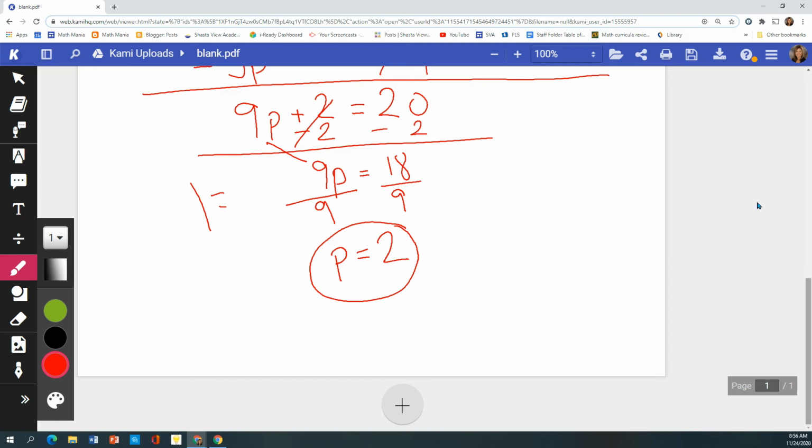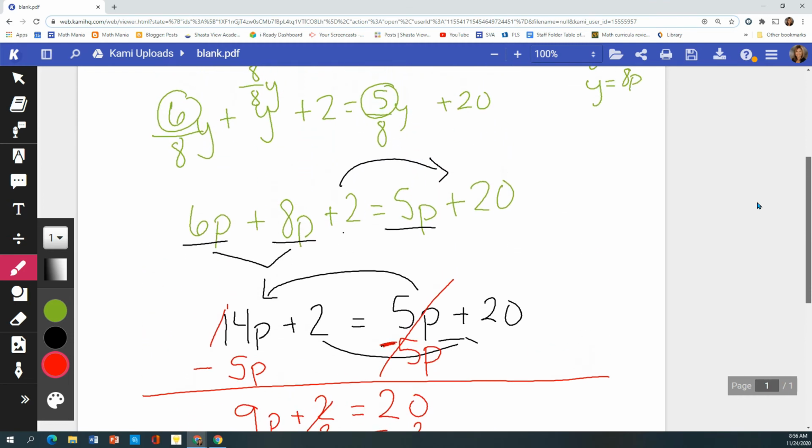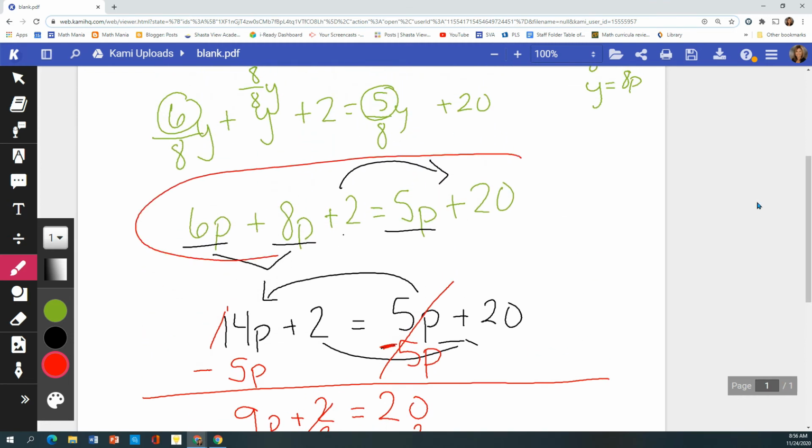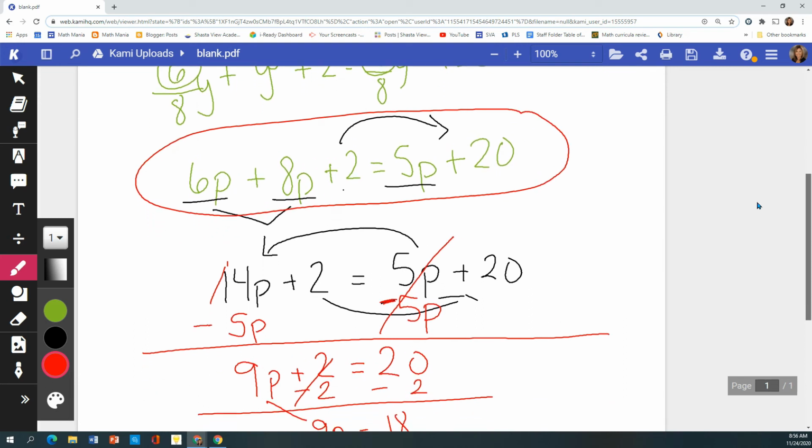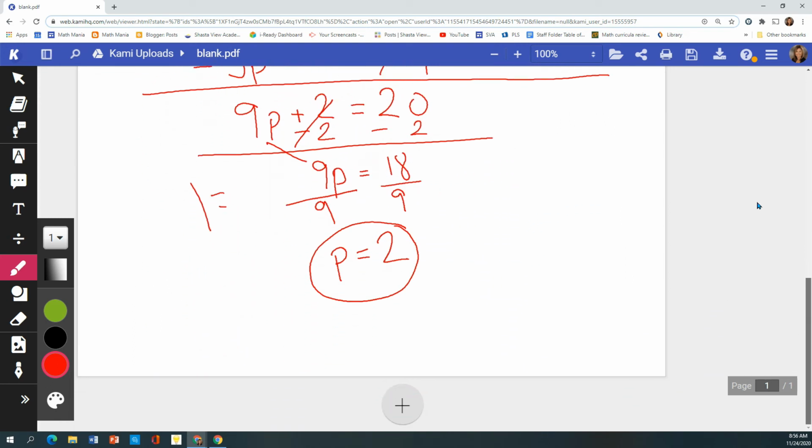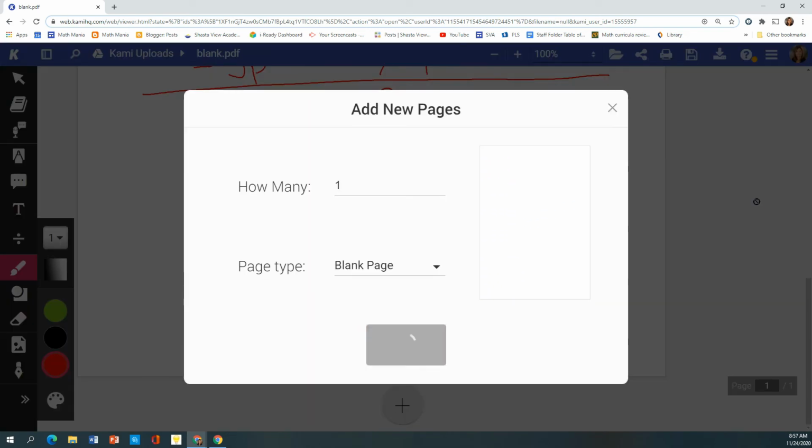So now we need to actually do our check. So we're going to rewrite the equation. This equation right here, let's go ahead and rewrite that.